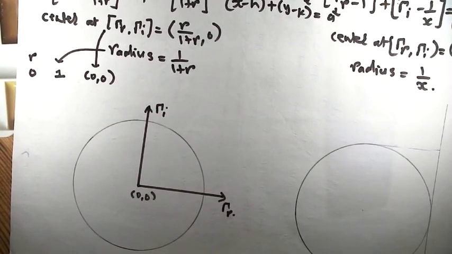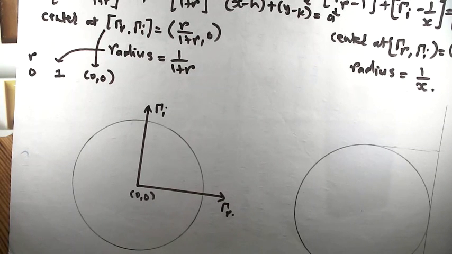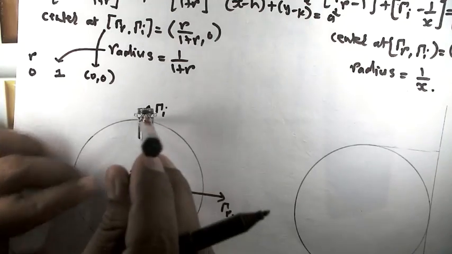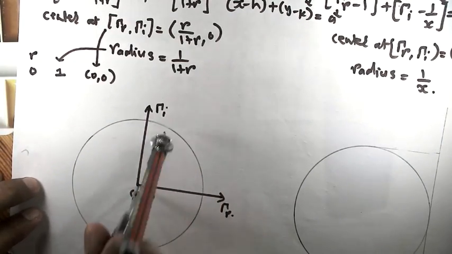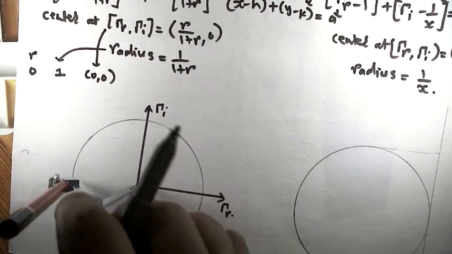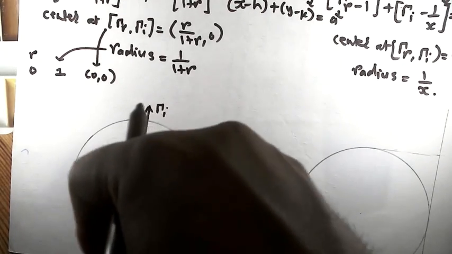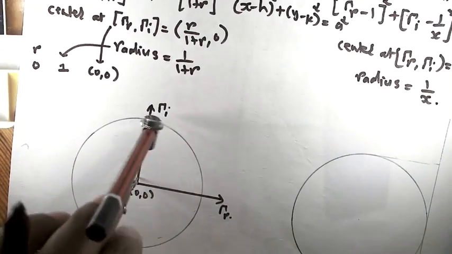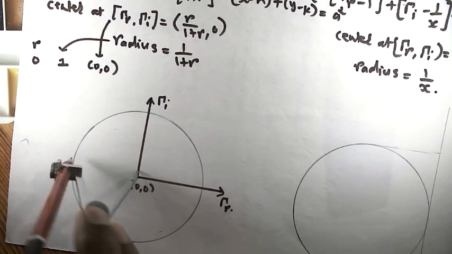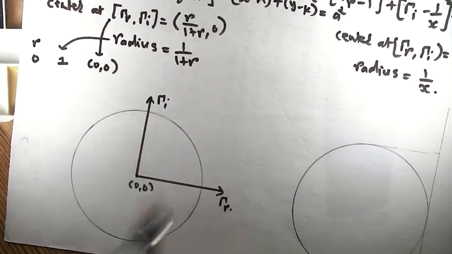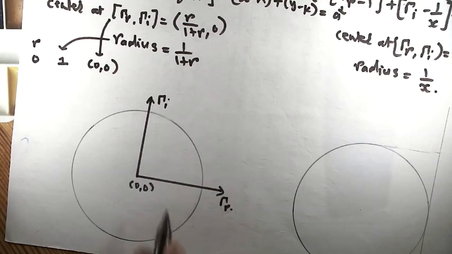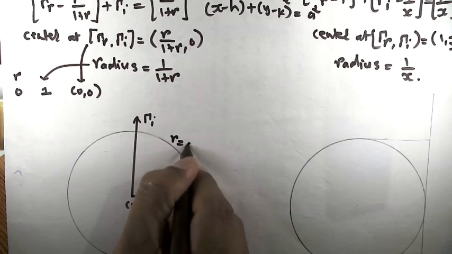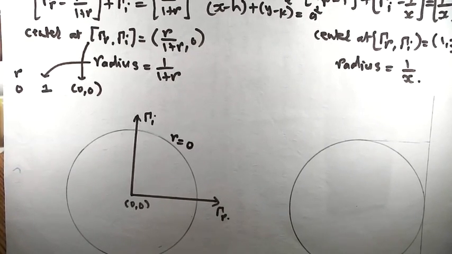Now if we take the radius equal to 1, then this is the circle. So for r equal to 0, the Smith chart has a unity circle, which is nothing but the outermost circle. So I can write that this outermost circle is nothing but the r equal to 0 circle.